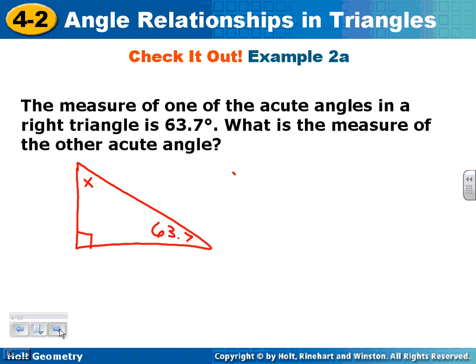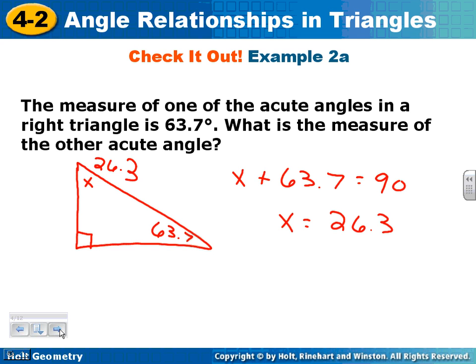Well, that means that x plus 63.7 would be 90. So if I subtract those, that's what, 26.3? So that means this angle up here would be 26.3 degrees, because the other two angles add up to 90.